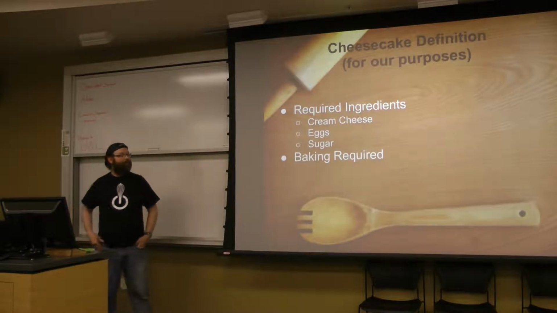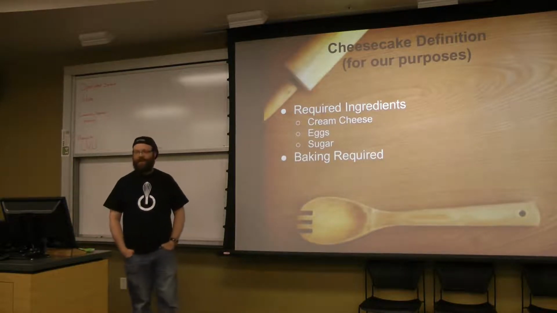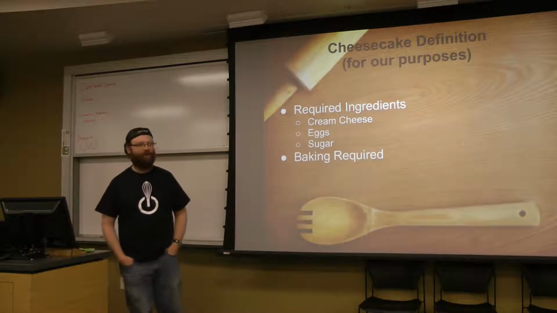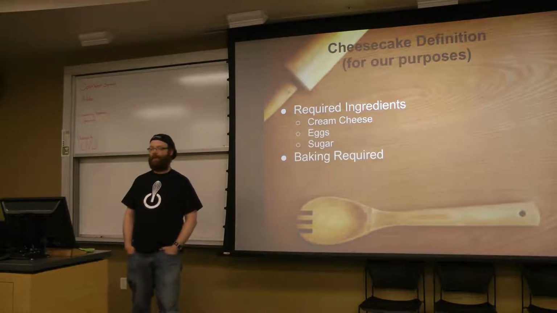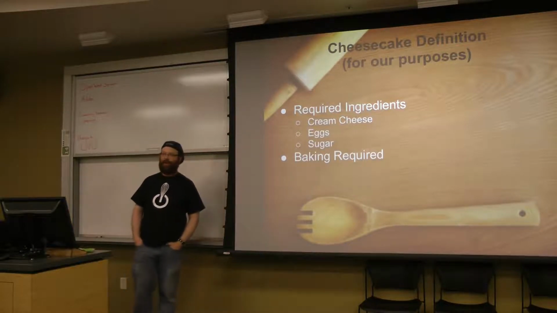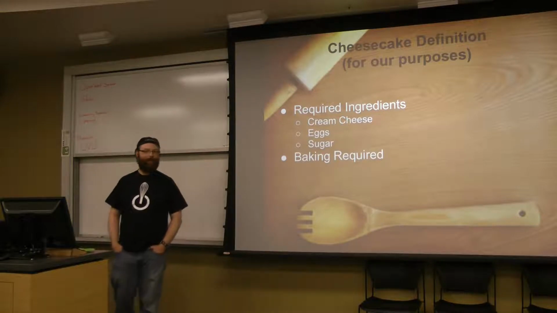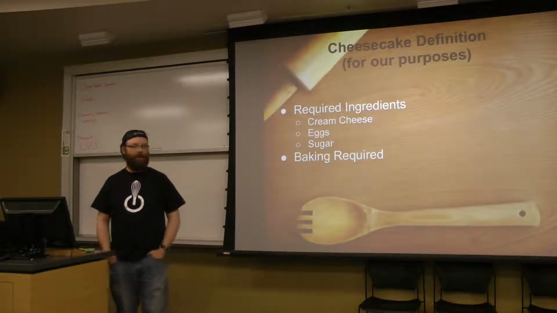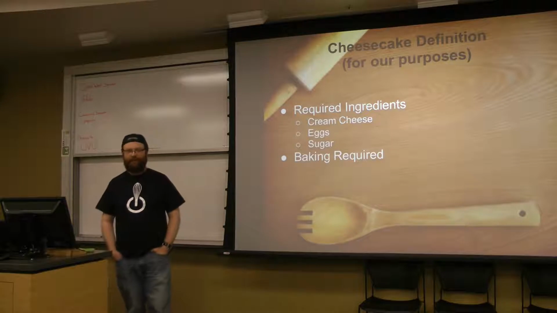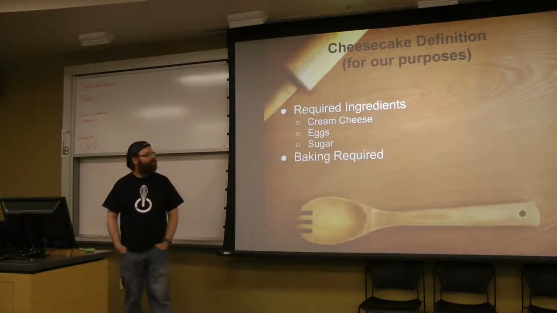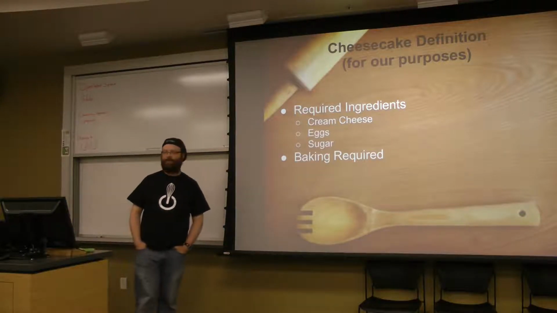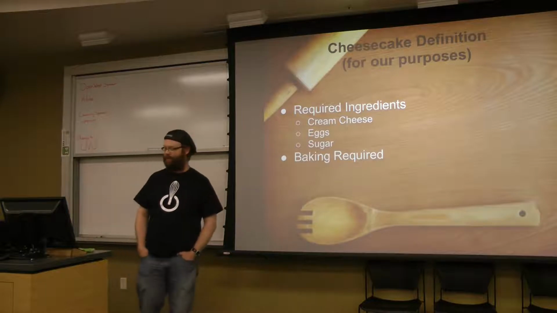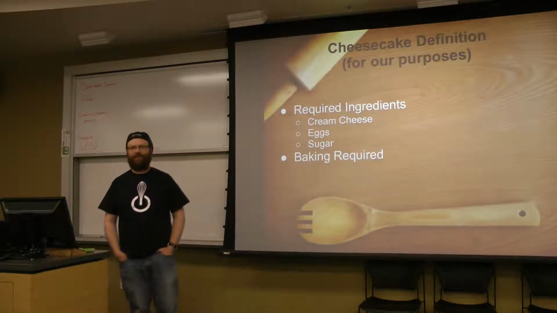So, for our purposes, we're going to call a cheesecake something that has cream cheese, eggs, sugar, and requires baking. Okay? Now, this is going to filter out a lot of things that might technically qualify to some people as cheesecake. For instance, vegans, they're not going to use any of those things. They'll use vegan sugar. You guys know there's such a thing as vegan sugar?